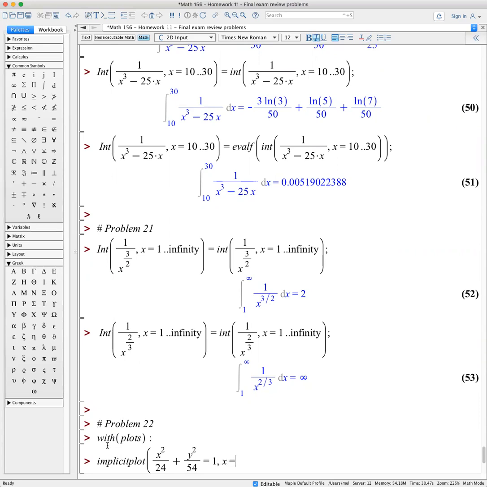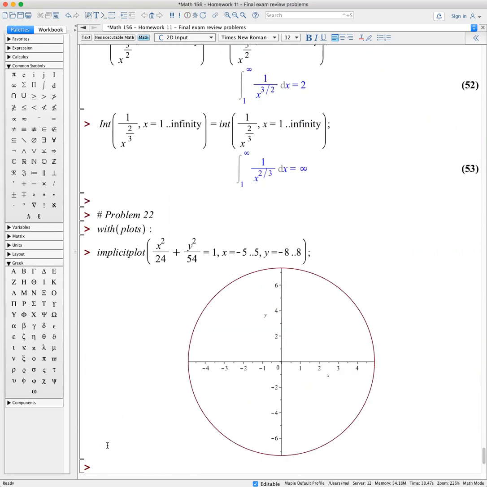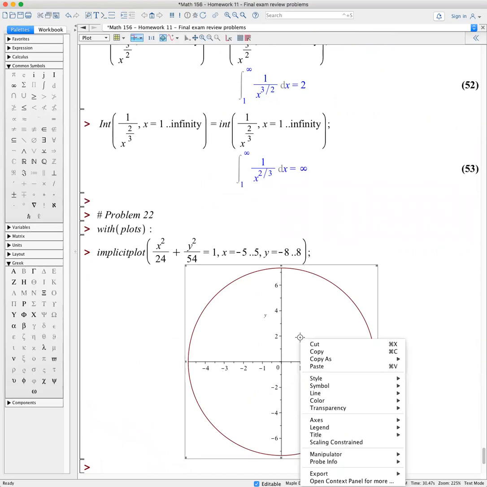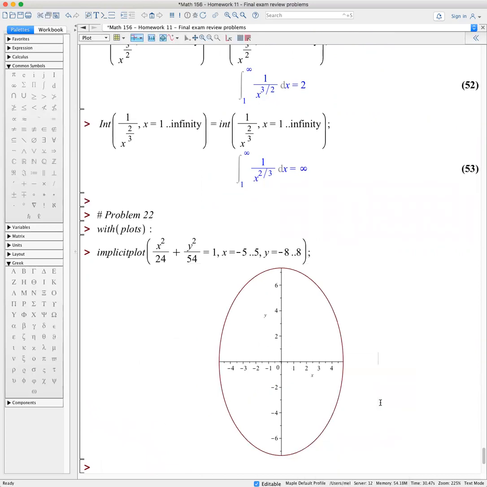And say x goes from -5 to 5, and y goes from, I'll just say -8 to 8. There it is, because it's not drawn to scale, so let me right-click, scaling constraint. Yeah. That's my ellipse, and I want to know what is the area.